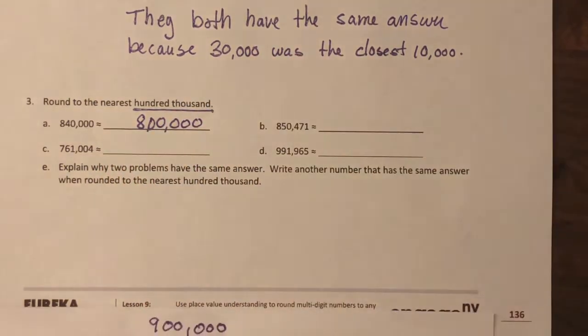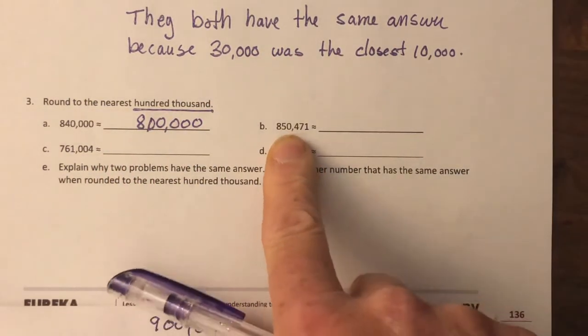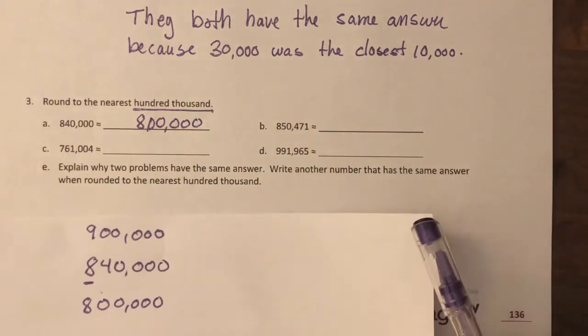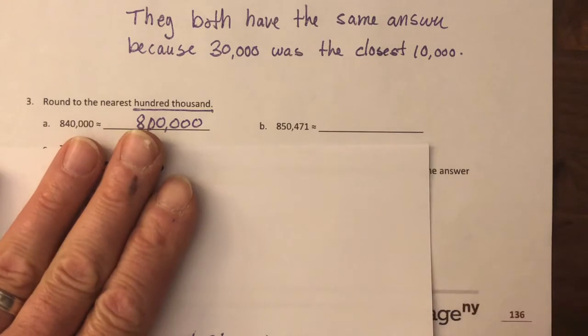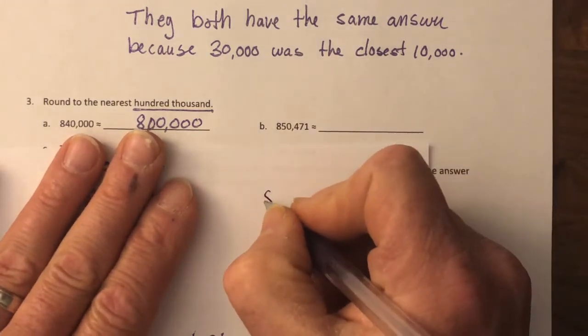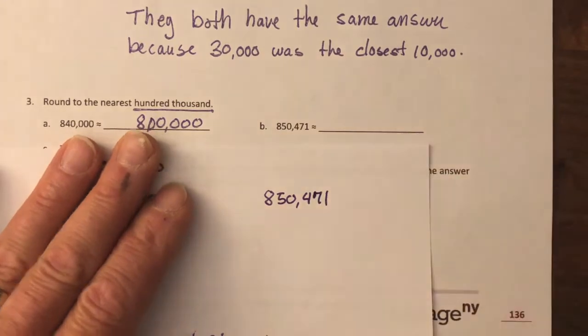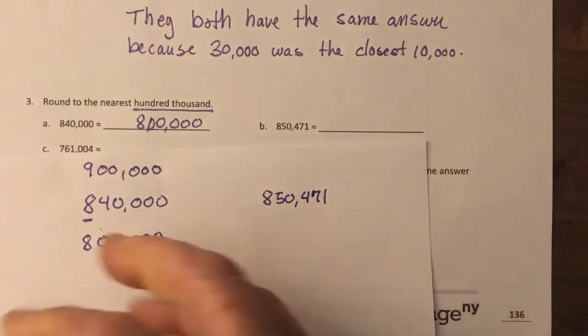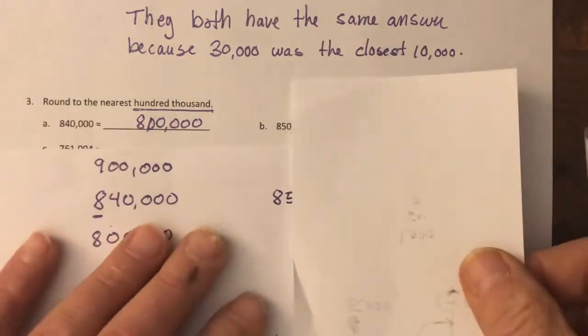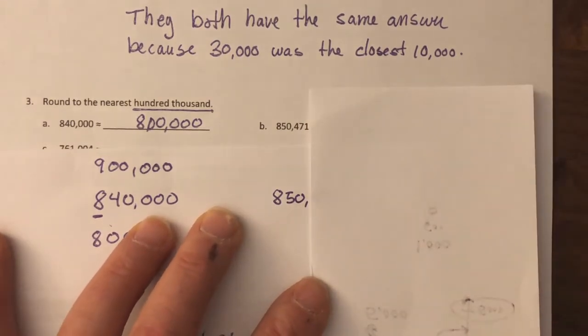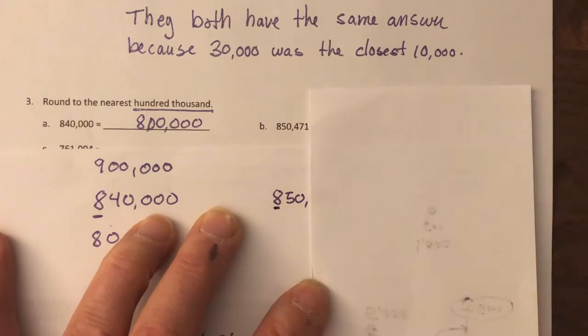Okay. This one is 850,471. Okay, so here's my scrap paper again. I've got 471. Again, I am just going to look at the thousands period here, 850. So I'm rounding to the nearest 100,000 as this one.